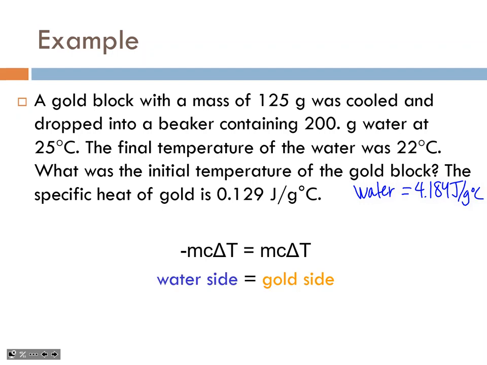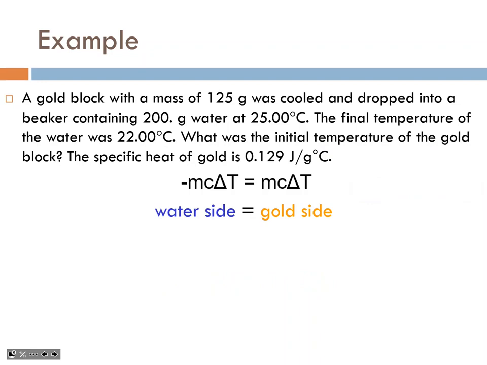So as we're setting it up, the water side is going to be on the negative side because it's losing. The gold side will be on the positive side. And you have to be very careful with your signs here because it's easy to mess it up when you're putting everything in, making sure that if you have a double negative, you make it positive. It's very easy to mess up these calculations. So watch the signs carefully.